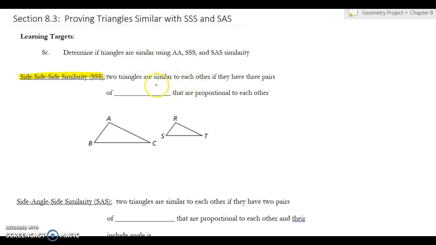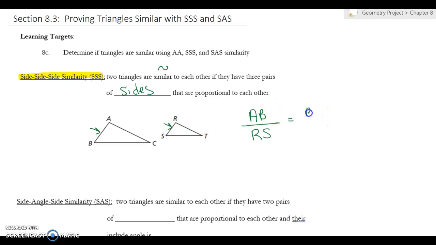So two triangles are similar to each other if they have three pairs of sides that are proportional to each other. That's why it's side, side, side. So it would have to have something like AB over RS because those are in the same spot.